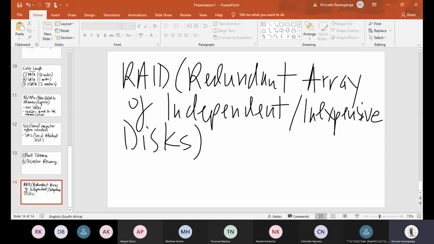Right. So this is an architecture that was put in to try and safeguard loss of data.